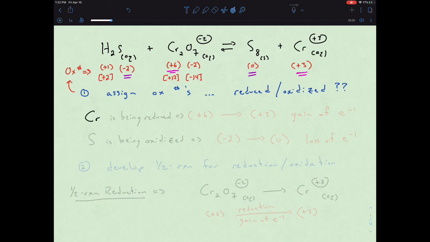So if we look at the chromium, it is going from the +6 state to the +3 state. So that is a gain of electrons. So that chromium is being reduced.